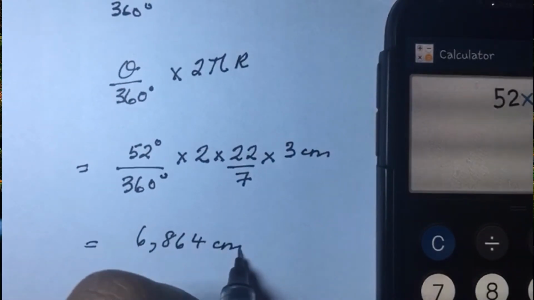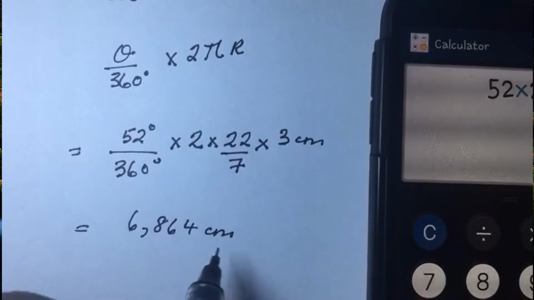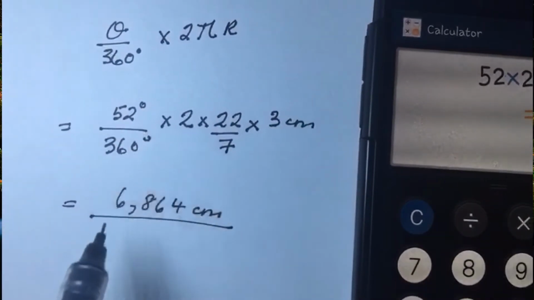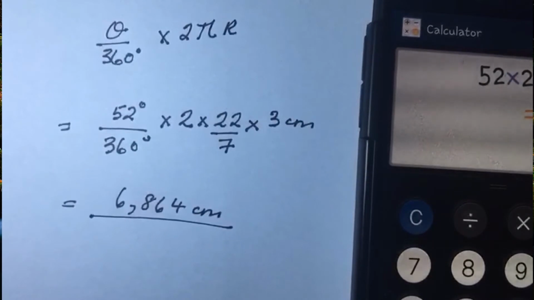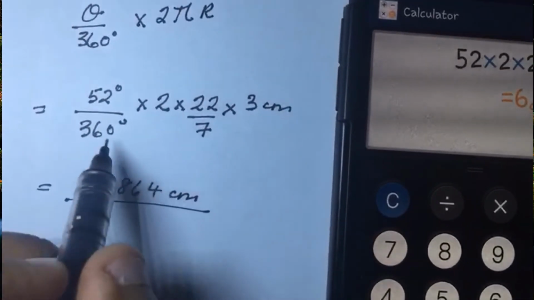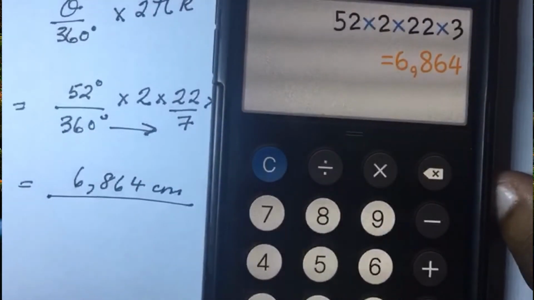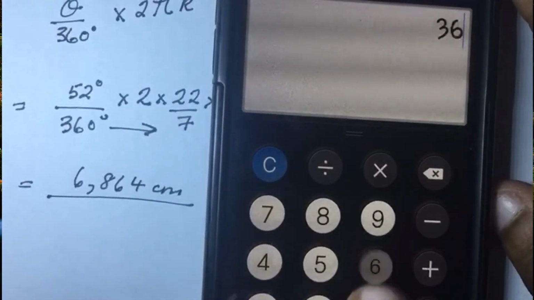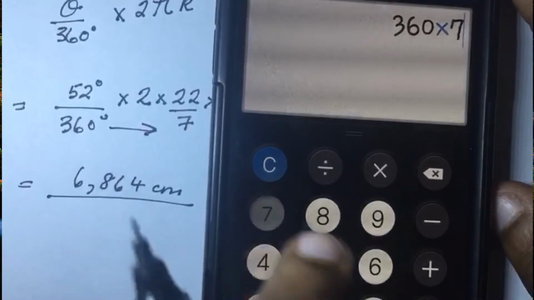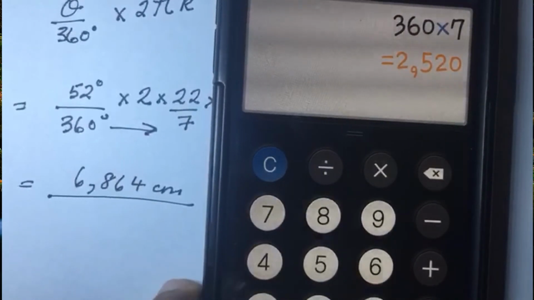Now I'm going to divide that by the product of everything on the denominator, that is 360 times 7. 360 times 7 will give us 2,520.